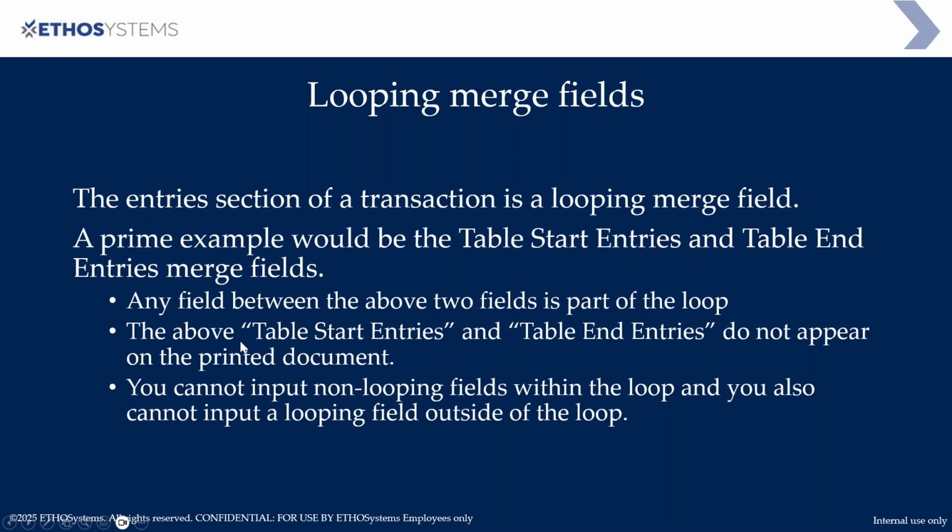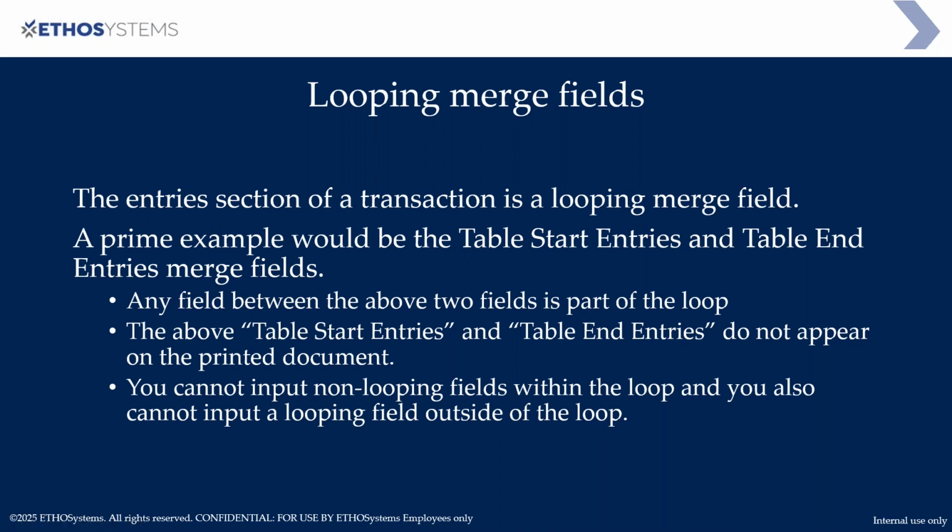The table start entries and table end entries do not appear on the printed doc template. This is just indicating to your Word doc template that it's a looping merge field. You cannot input non-looping fields within the loop, and you also cannot input a looping field outside of the loop.